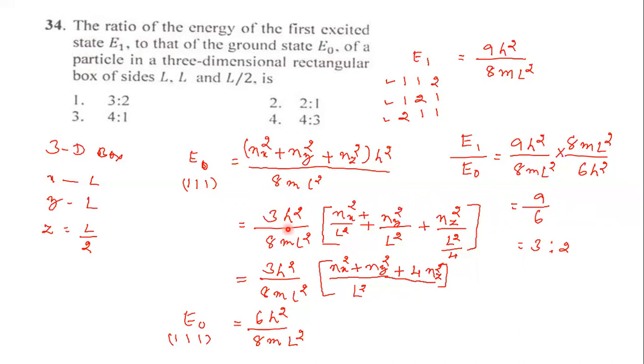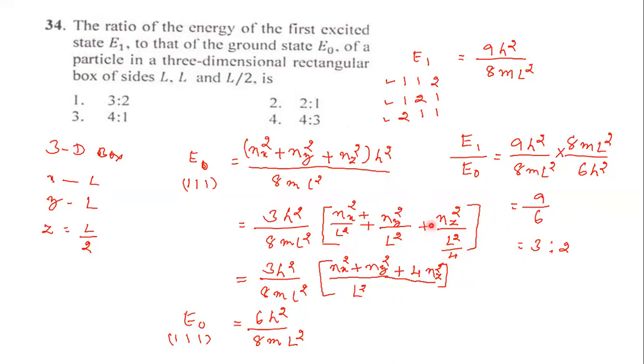We will write this by individually dividing L square to all three: nx square by L square plus ny square by L square plus nz square by L square. But along the z direction, the length of the box is L by 2. So instead of L square, it would become L by 2 whole square, which is L square by 4.